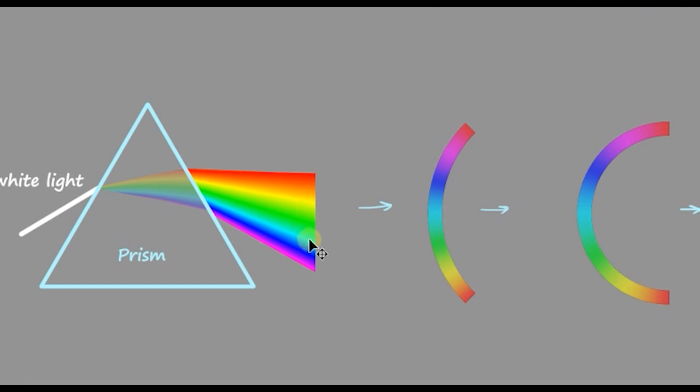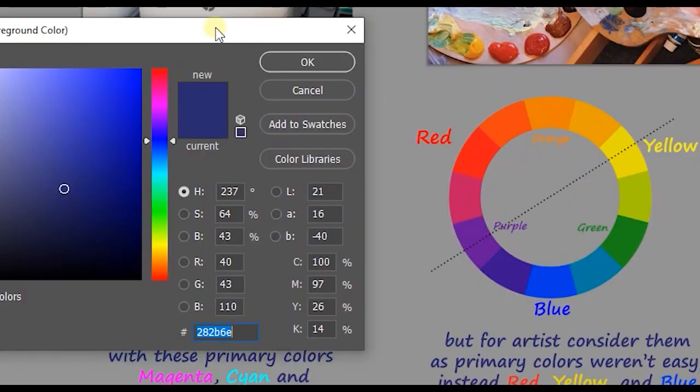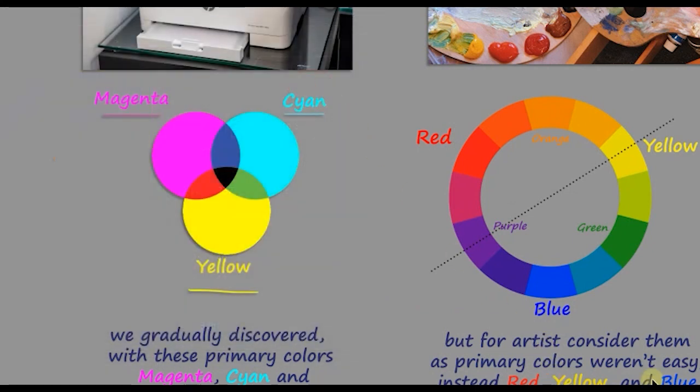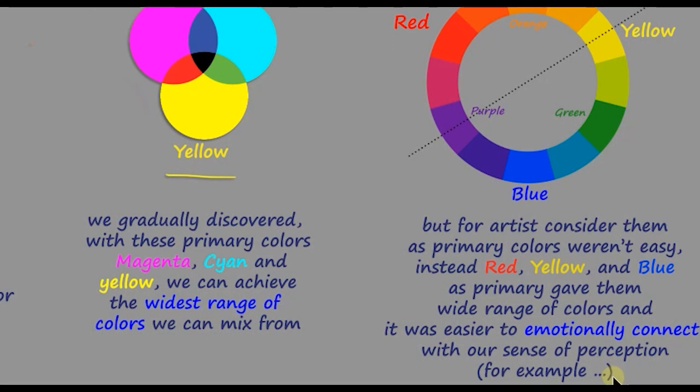But look at the spectrum of colors. Or maybe you can compare it here. As you can see, the area covered by green is much more than magenta or orange. But in this color wheel, green, orange, and magenta are all evenly spaced around the wheel in 12 steps. As I said, it's not scientifically exactly correct, but it is easier for us to emotionally connect with.